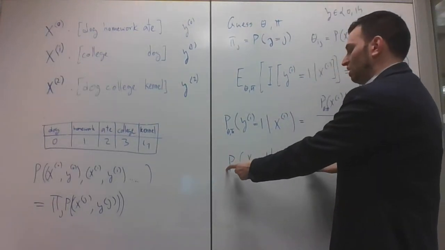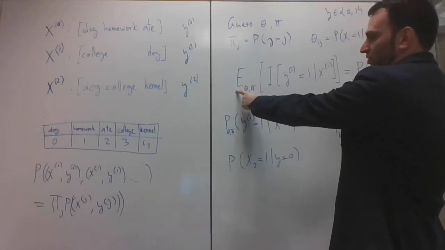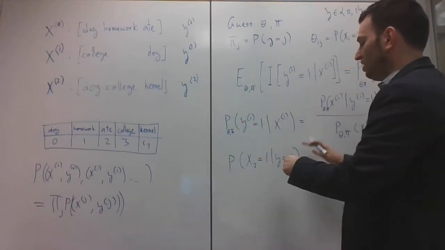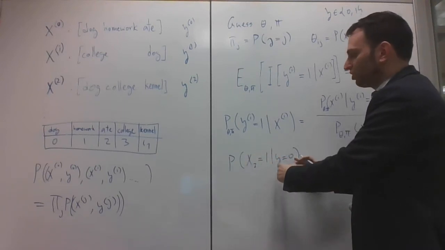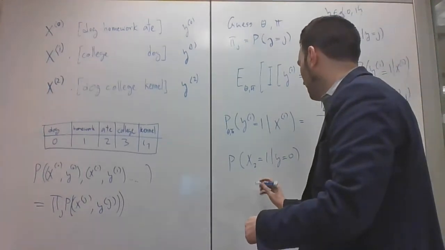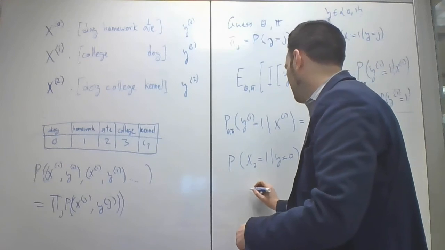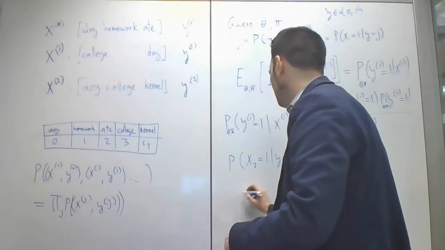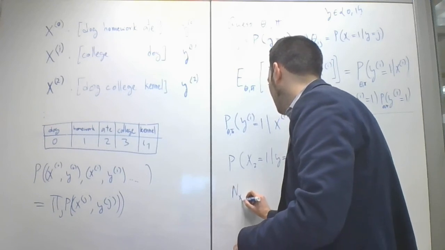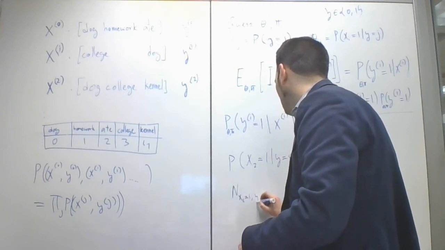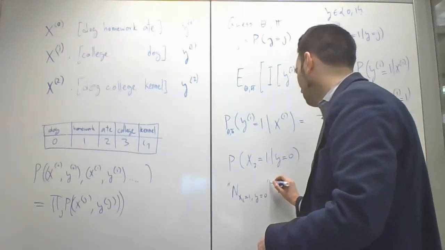Now, how can we get that? Well, we can use this guy, right? We don't know exactly how many times x2 is equal to 1 together with y equals 0, but what we can do is compute the expectation. This would be the number of times that x2 is equal to 1 and y is equal to 0, except we don't know that, so it's going to be an estimate for that.